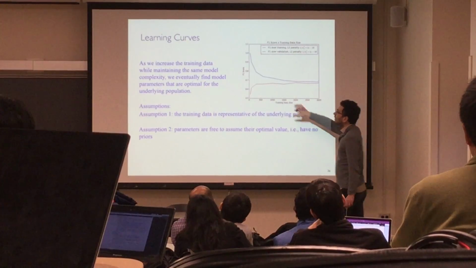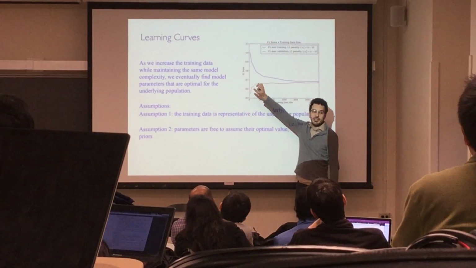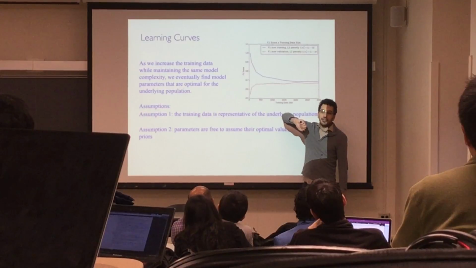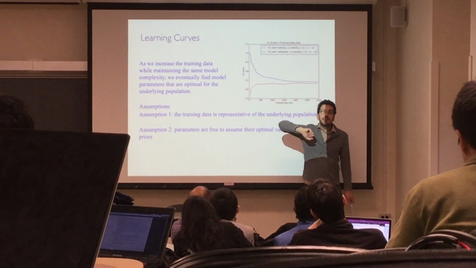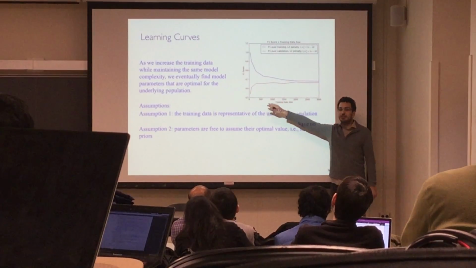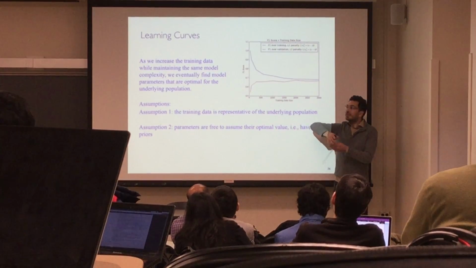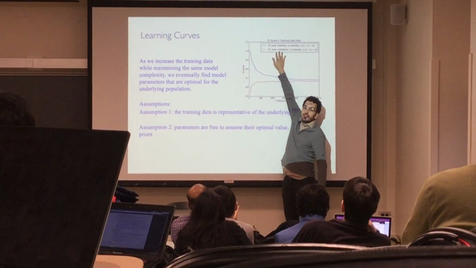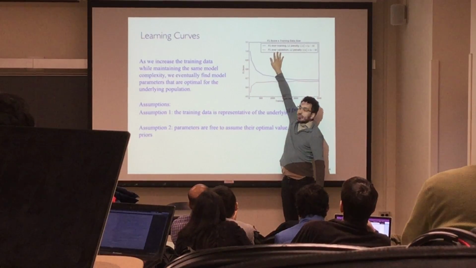What would happen if the model was too complex for the data? Overfit. So how would you see overfit here? The validation score will go down. It would be something like this, right?